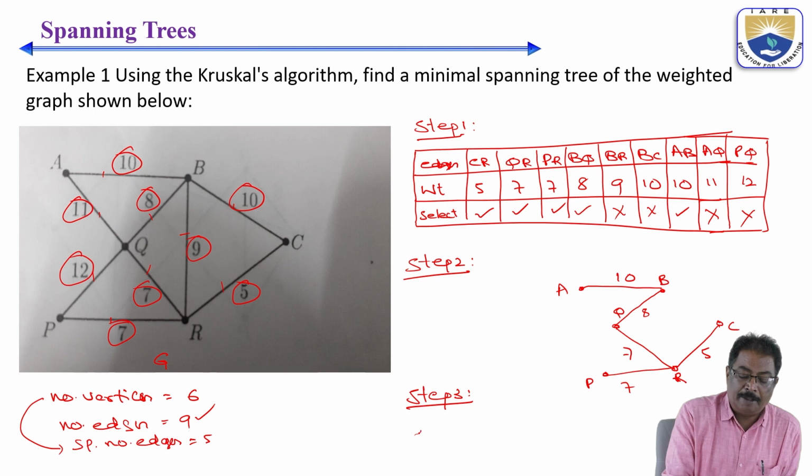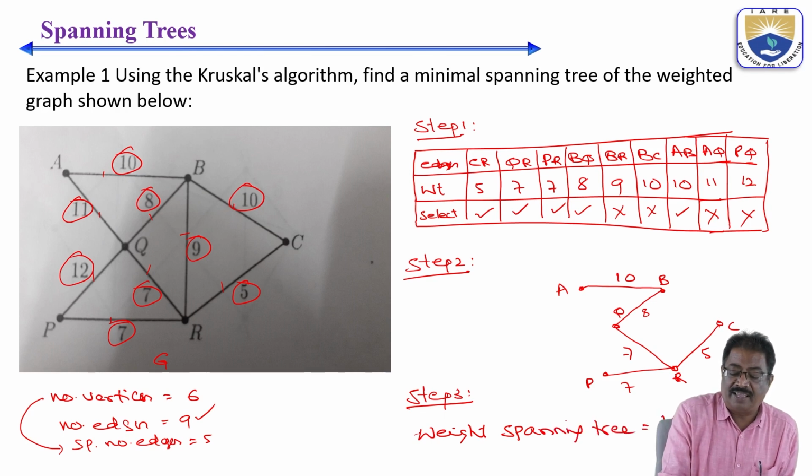Now, what is the weight of the spanning tree? It is 10 plus 8 plus 7 plus 7 plus 5. So it is 18 plus 14 plus 5.